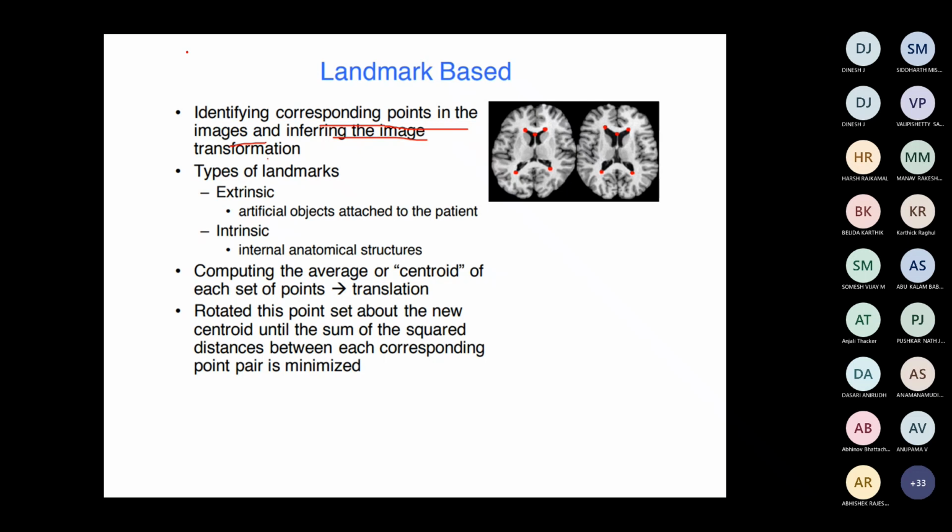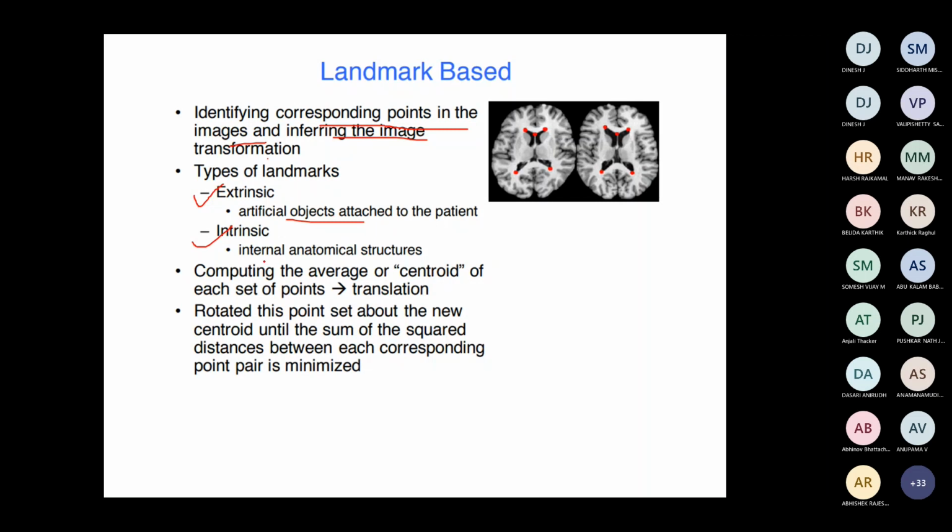And the types of landmarks available are extrinsic and intrinsic. If it is extrinsic, artificial objects will be attached to the points. So when the images are being acquired, there will be some artificial objects, such as patches attached to the patient.